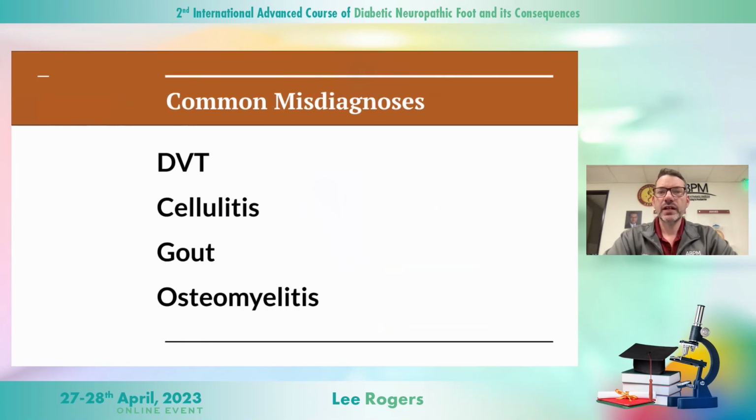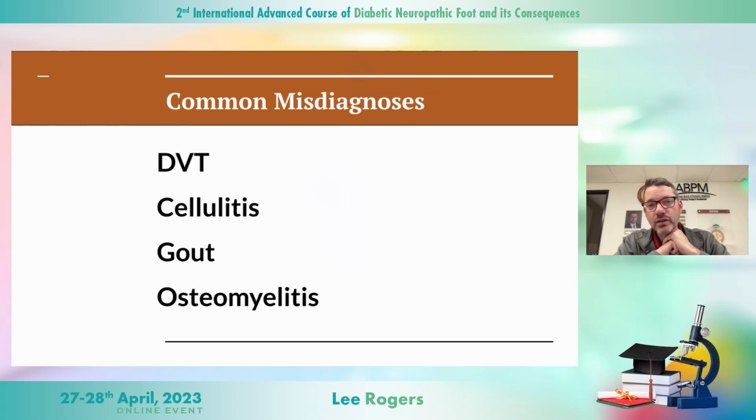So I'll just leave you with some of the common misdiagnoses for Charcot foot, and I see this all the time out of the emergency department. The emergency departments are not looking for this, and they're seeing patients with these acutely swollen, red, warm feet, and so they're commonly misdiagnosed as a DVT initially, cellulitis sometimes, gout frequently, and then also osteomyelitis.